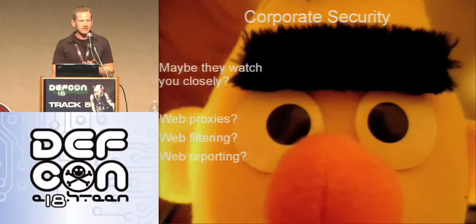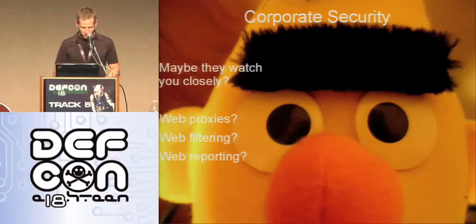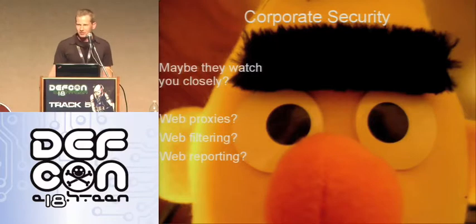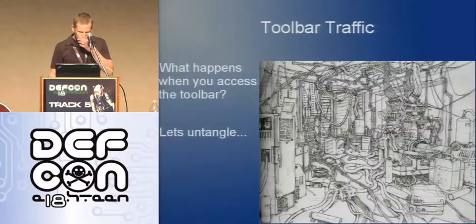They may have web proxies in place. They may have web filtering. They may have web reporting in place. Depending on how much diligence they apply to their web reporting, they may actually let your manager take a look at your usage. And how technically proficient do you really think your manager is in looking at usage and figuring out whether it was you or your computer or something else?